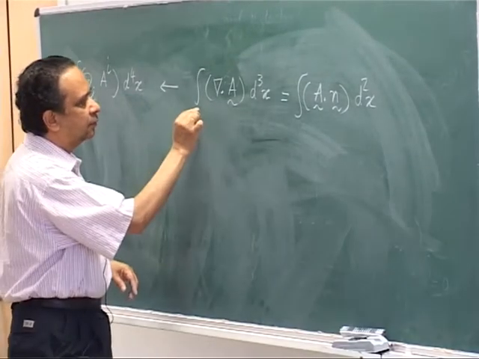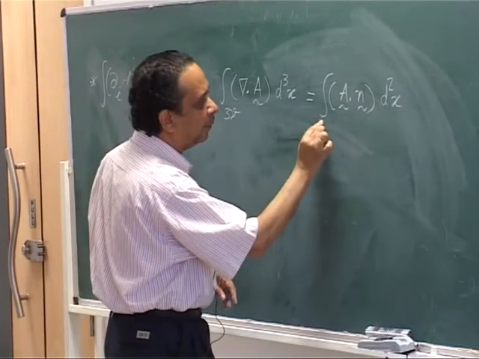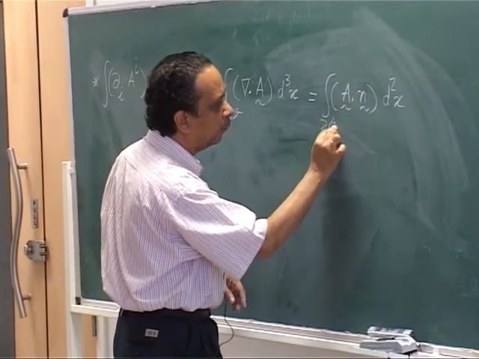So, this is over some 3 volume, and this is the boundary of that 3 volume.